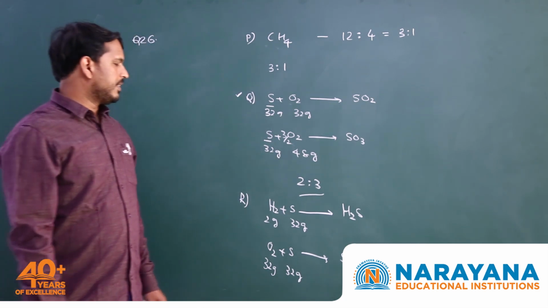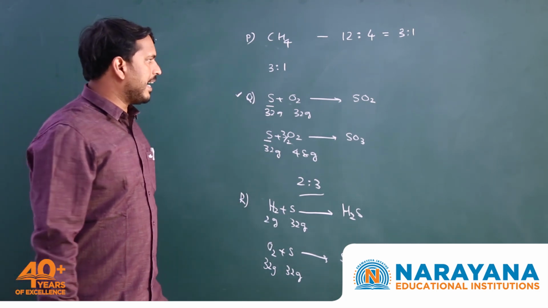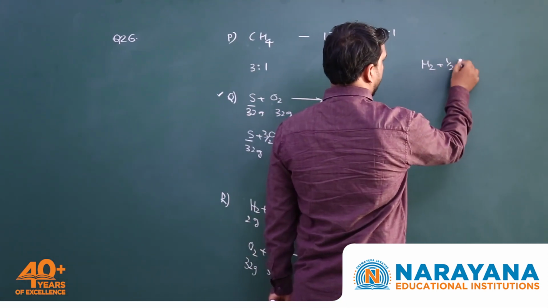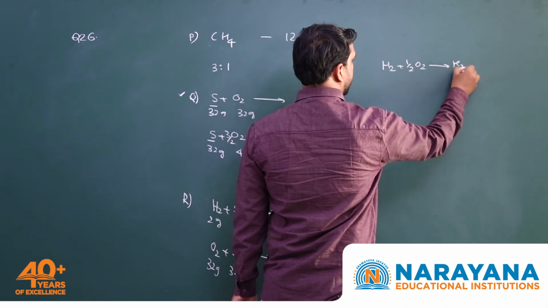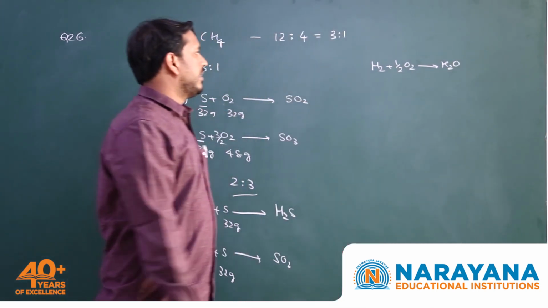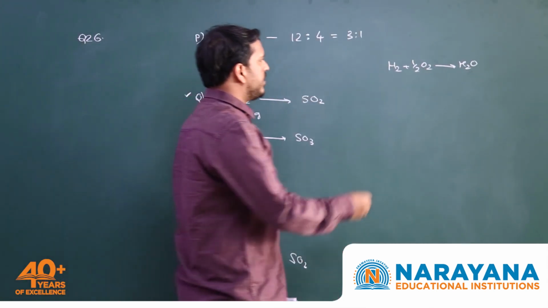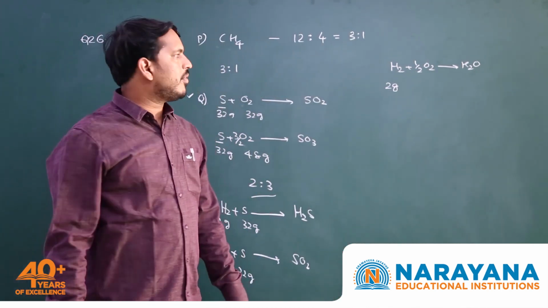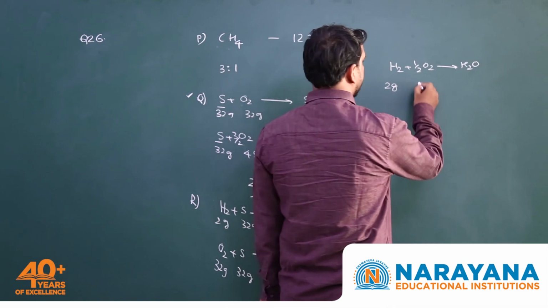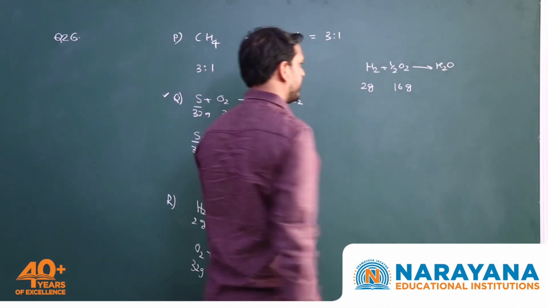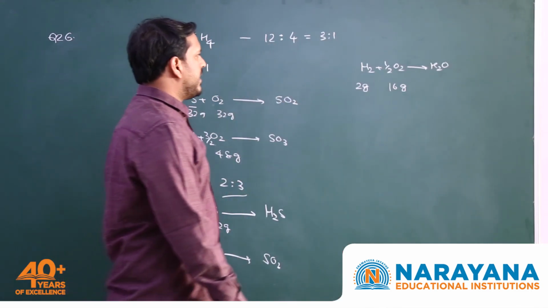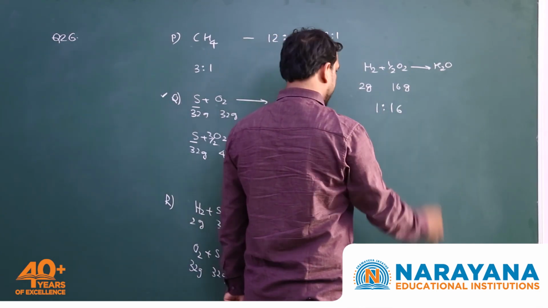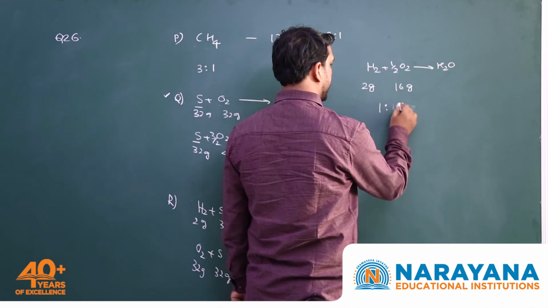Now, if H2 and O2 are reacted to give water, that is given in the question. What is the weight of H2 used? 2 grams. What is the weight of O2 used? Half mole means it is 16 grams. So, now the weight ratio of H2 and O2 is how much here? 1:16. 1:8.